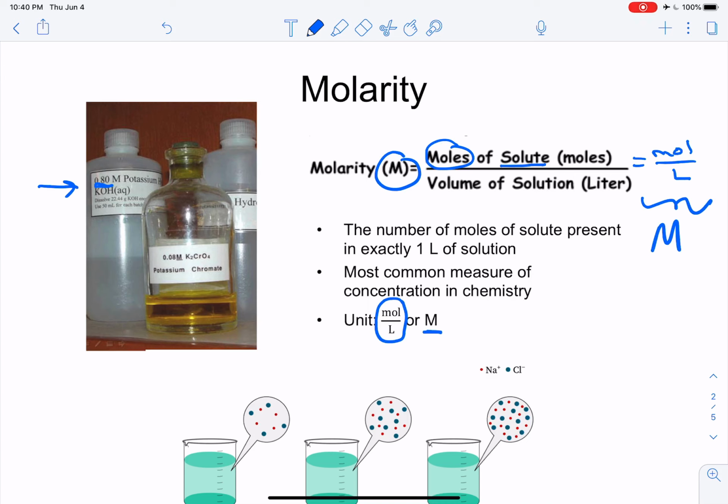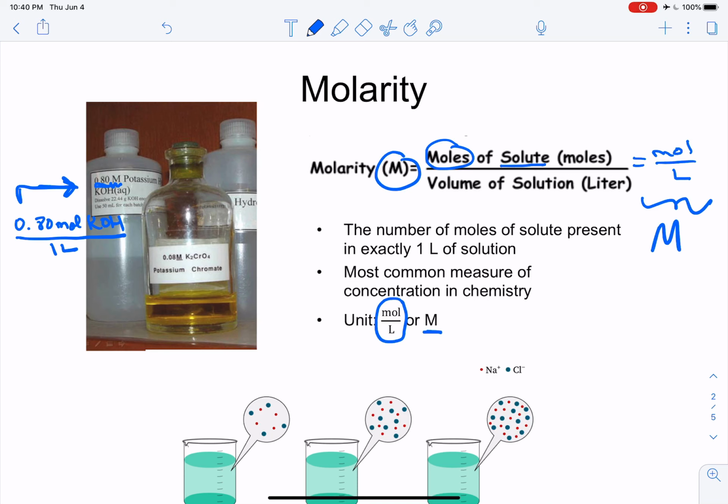So what that is saying right there, that 0.80 big M of potassium hydroxide, that's saying that you have 0.80 moles of potassium hydroxide in every 1 liter of that solution.